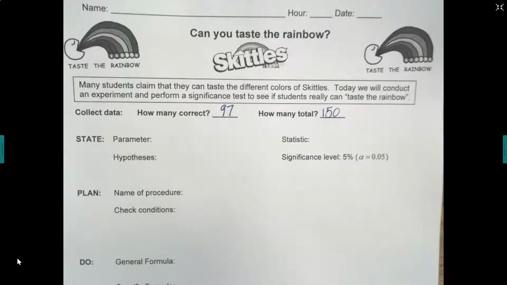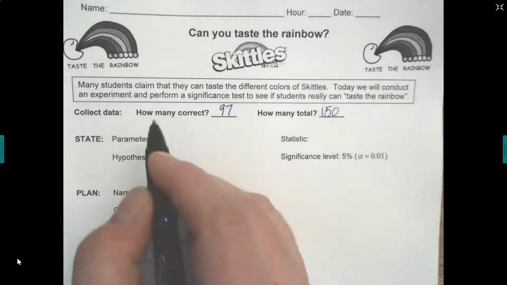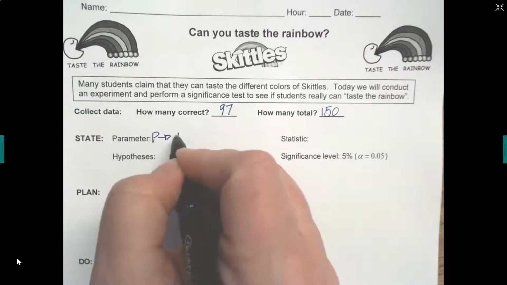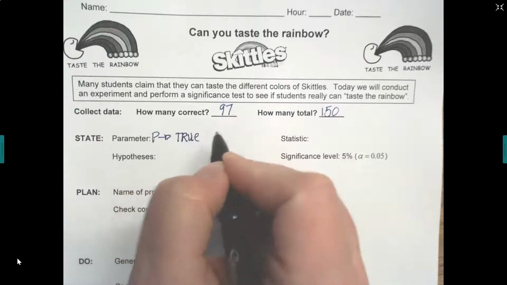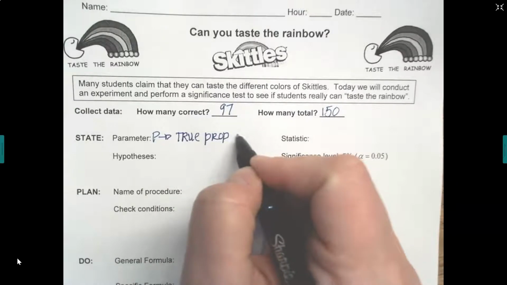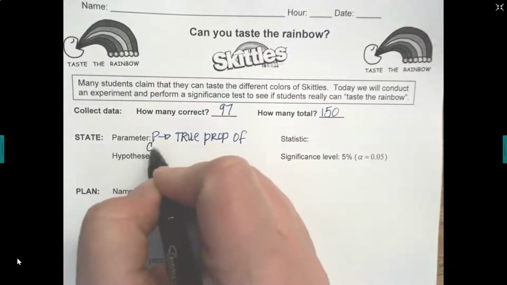Okay, so let's go with our state. We have our parameter. We want to identify our parameter, and we want to know the true proportion of correctly guessed Skittle flavors.